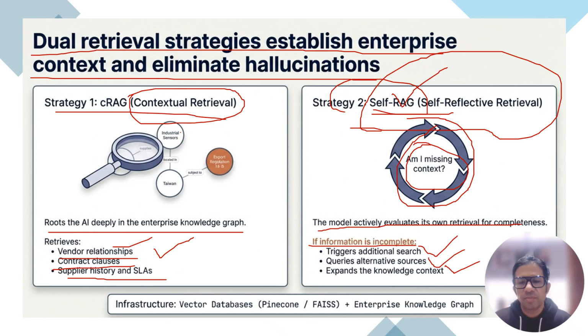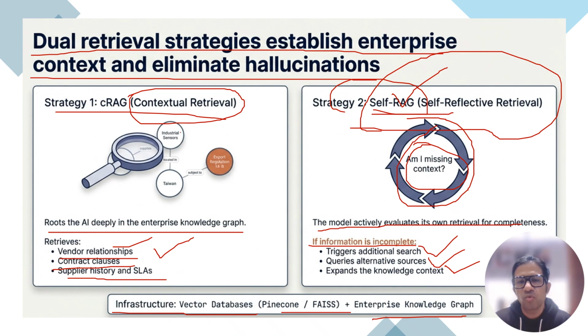Now look at the bottom, this infrastructure line. Vector database, this enterprise knowledge graph. This is the foundation. Vector databases plus enterprise knowledge graph.